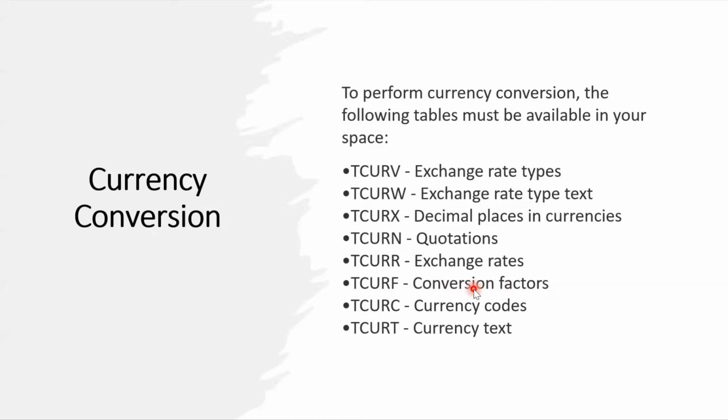So these factors help you get a more accurate currency conversion. And then we have TCURC, which contains the list of transaction currency codes and the text for those currency codes. So these are the tables that we have in all SAP systems for currency translation.